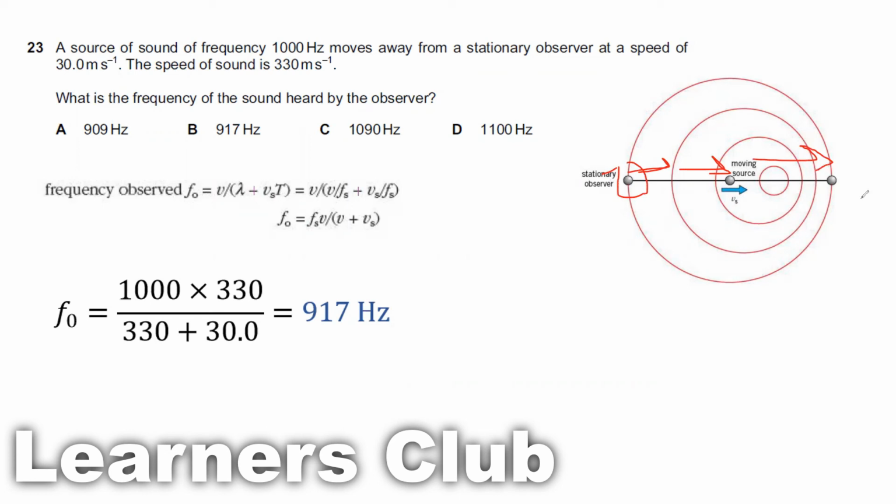If something is moving toward the observer, then you will feel the wavelength is shorter. So this formula you can only use for an object moving away. And if this part is negative, then it's for an object moving towards the observer. So the answer for this question is 917 hertz, which is B.